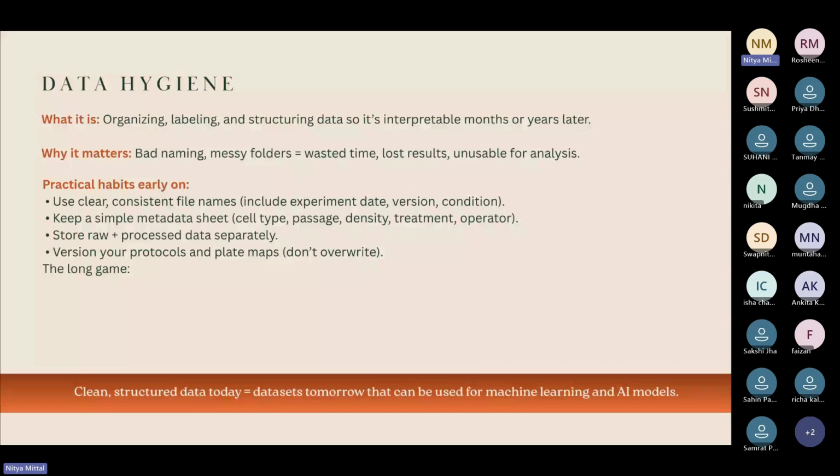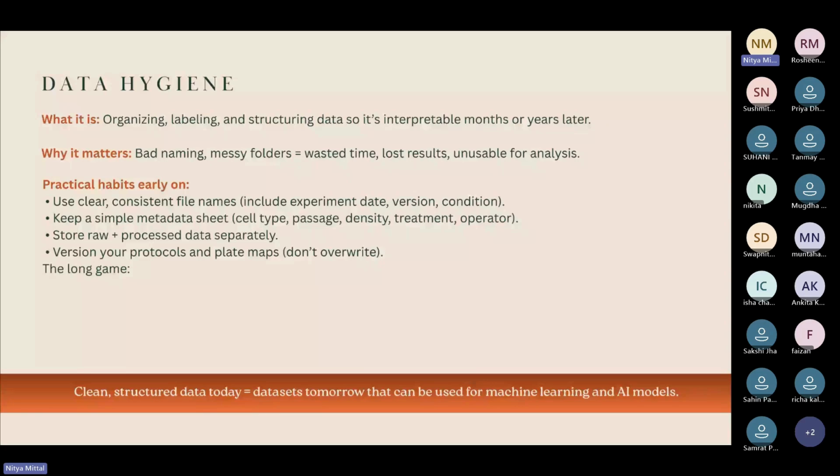Come up with your own format, what works for you. I always include an experiment date, a version if I'm going to be performing multiple, and a condition if there is one. Having this system sometimes makes it a very long file name, but it also helps you keep track.